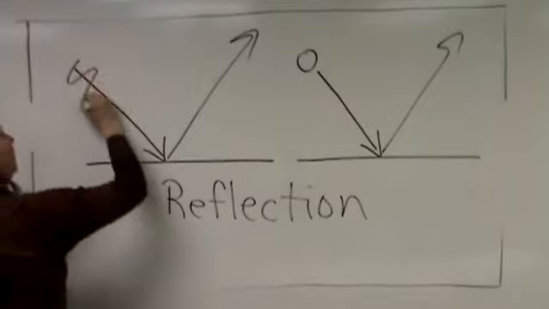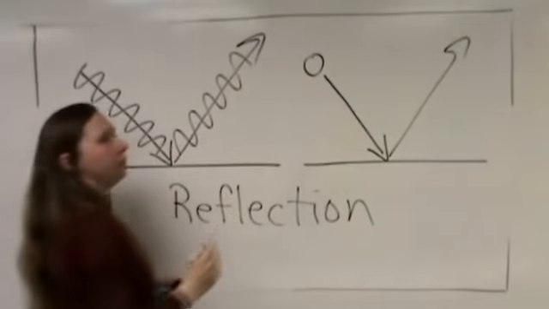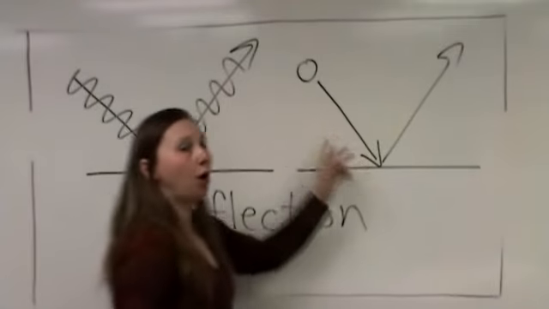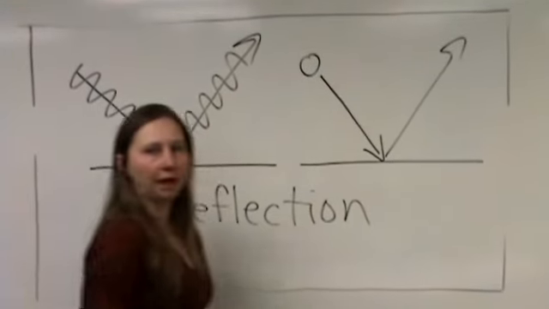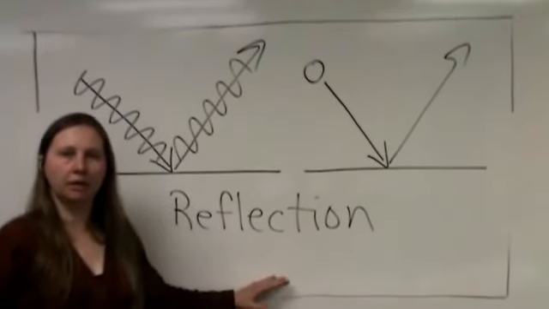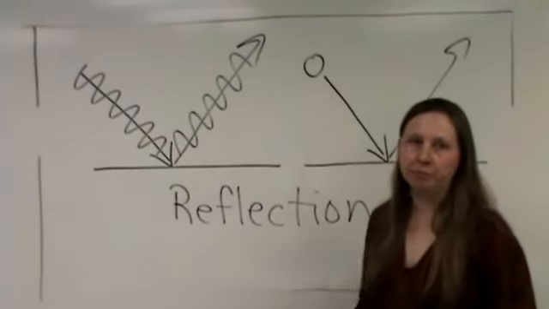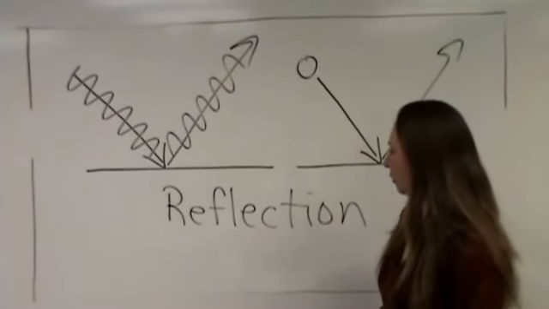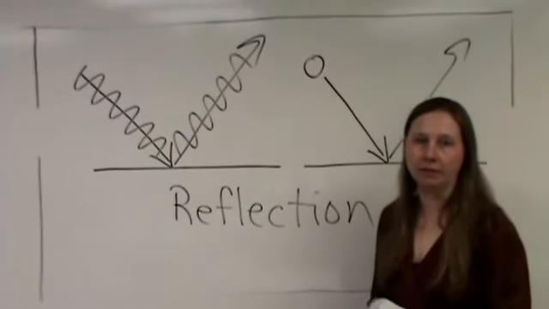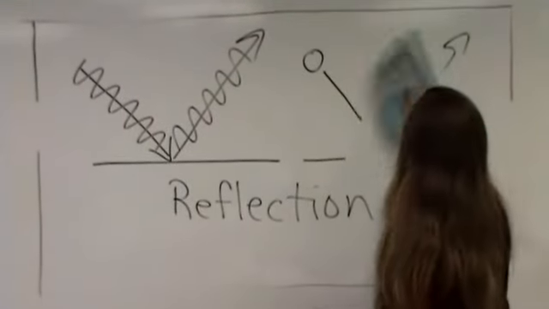We'll draw the wave here, reflecting off the surface. Waves can be reflected, but particles can also be reflected. So reflection is not a phenomenon that will help us to decide whether light is more like a wave or more like a particle, because both can be reflected. So reflection does not help our discussion today.